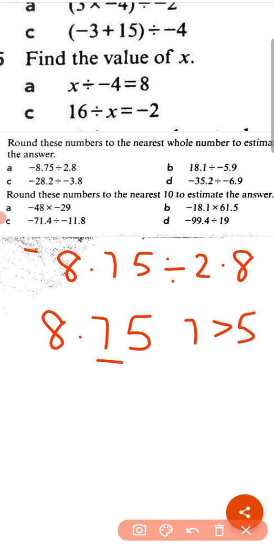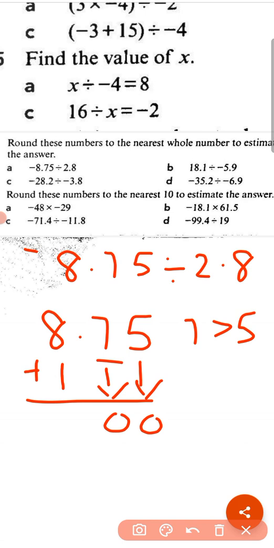If the digit in the 10th place is 5 or more than 5, add 1 to the digit in the ones place and replace the 10th place and 100th place by zeros. 9.00 which is equal to 9 because the zeros are valueless.